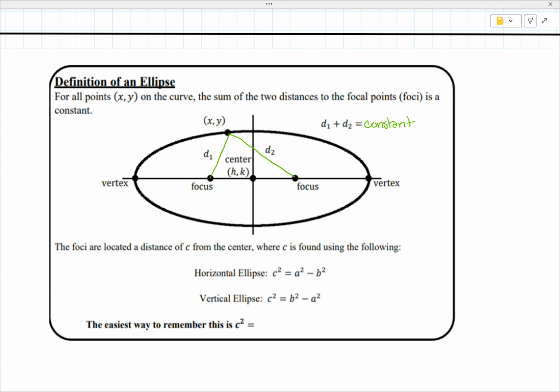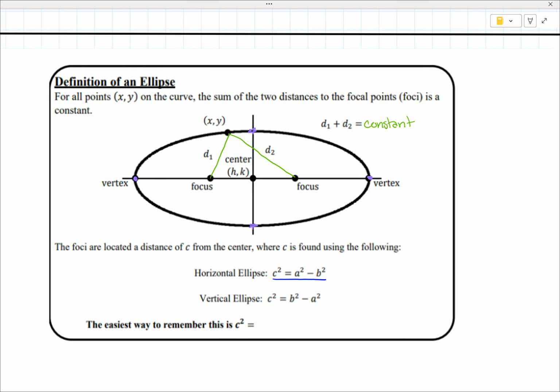So we have two foci, our center, and we have our main vertices that are on the major axis. We do have other vertices here that we'll graph to help us graph, but the main vertices are going to be along the longer axis. To find our foci depends on which way we do this. For our horizontal ellipse, we do a squared minus b squared to get that distance.